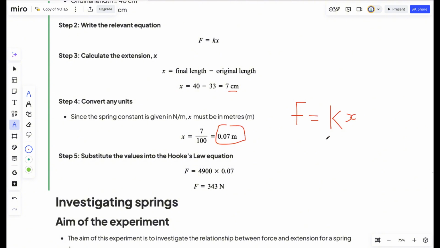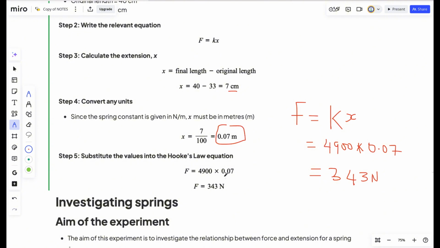So we put the value 4,900 multiplied by the value of x, which is 0.07. We multiply this by this, and we get 343 as the weight of the child. 343 Newton as the weight of the child. Is that okay? So you can see how we use this.